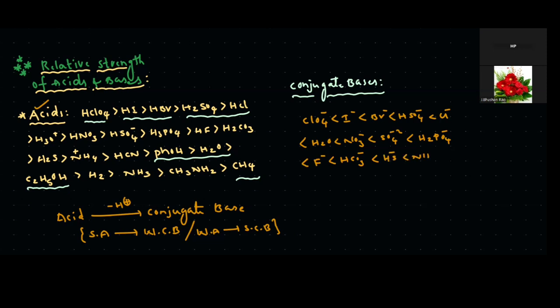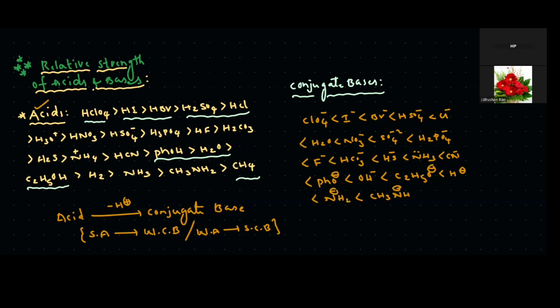Next, CN minus, PhO minus, OH minus, C2H5O minus. Next, H minus, NH2 minus, CH3NH minus.